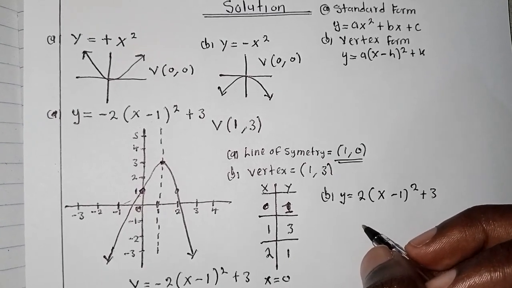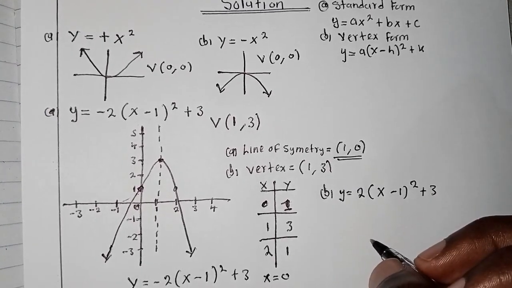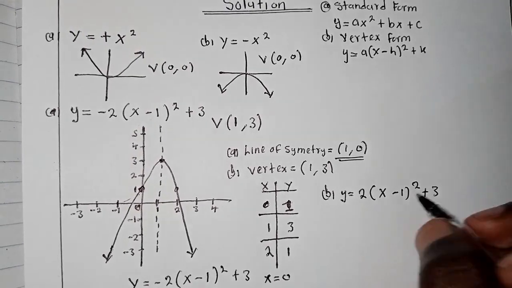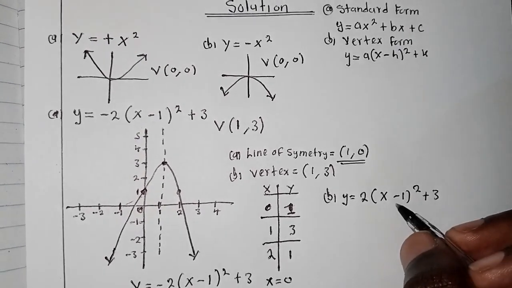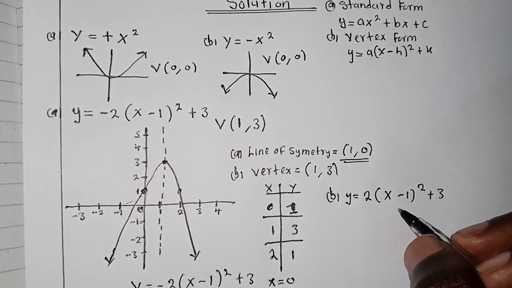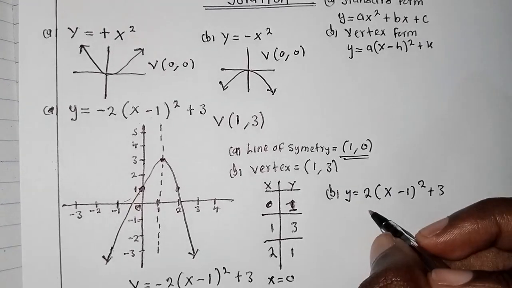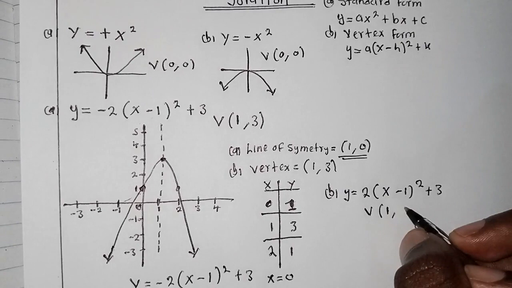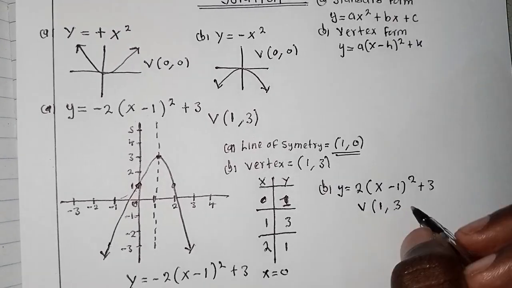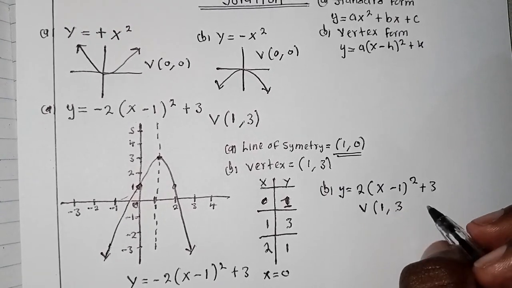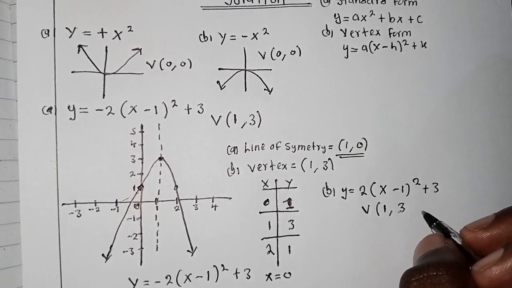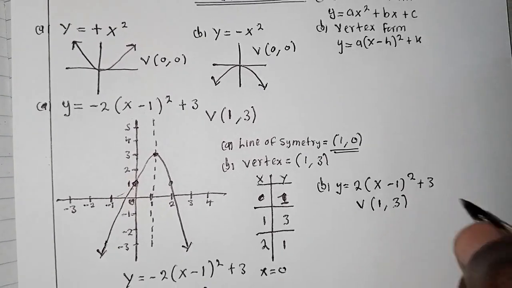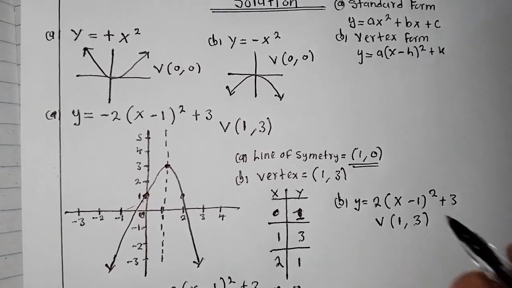Since this is 1, our vertex is simply 1, 3. One comma 3.